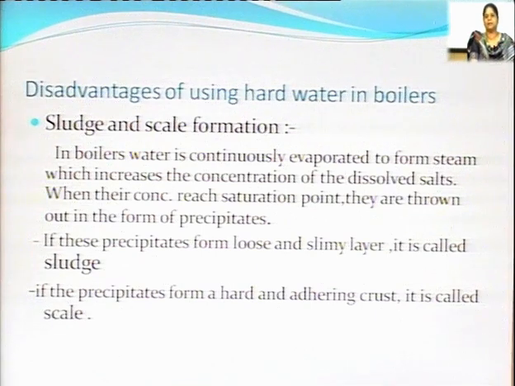If these precipitates form a loose and slimy layer, it is called sludge, and on the other hand, if the precipitate forms a hard and adhering crust, it is known as scale.